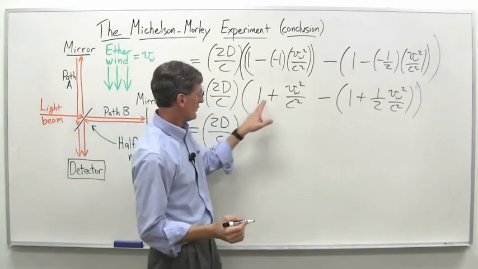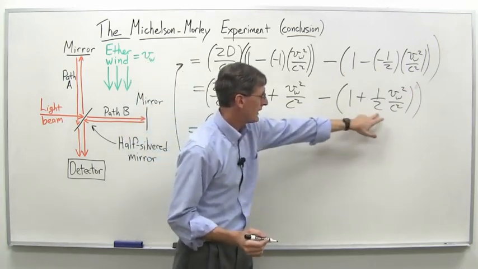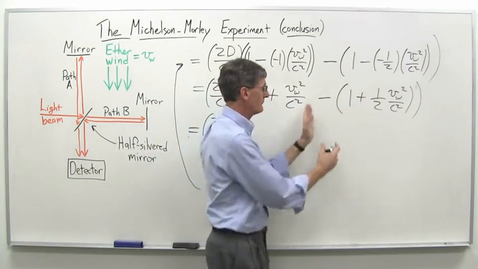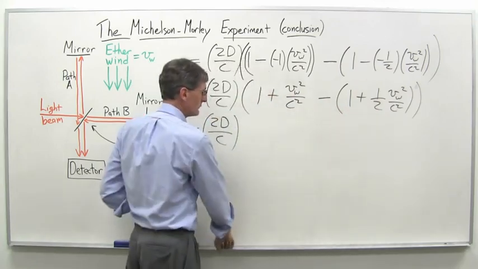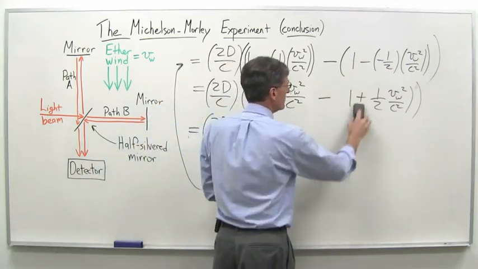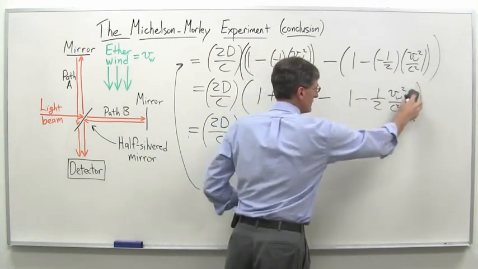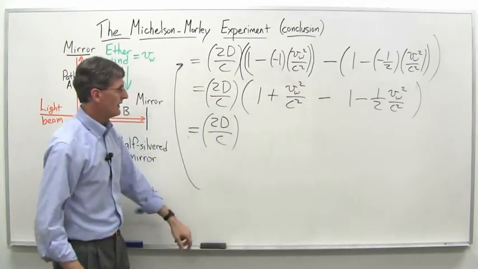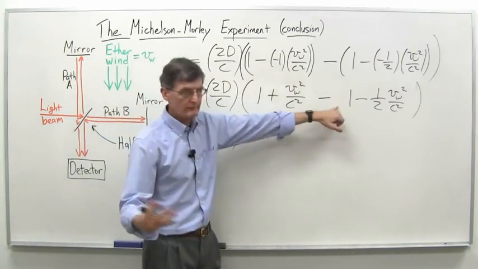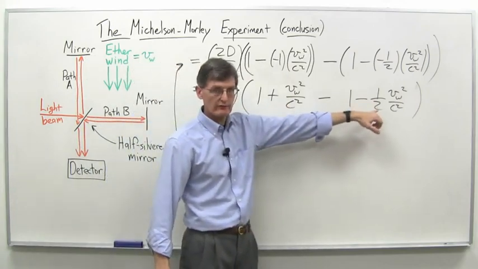I've got 1 plus VW squared over c squared minus 1 minus 1/2 VW squared over c squared, right? If I've got minus something in parentheses, it just becomes something like this. So this then becomes minus 1 minus that. And now I've got a 1 minus 1, 0, and I've got VW squared over c squared minus 1/2 VW squared over c squared.